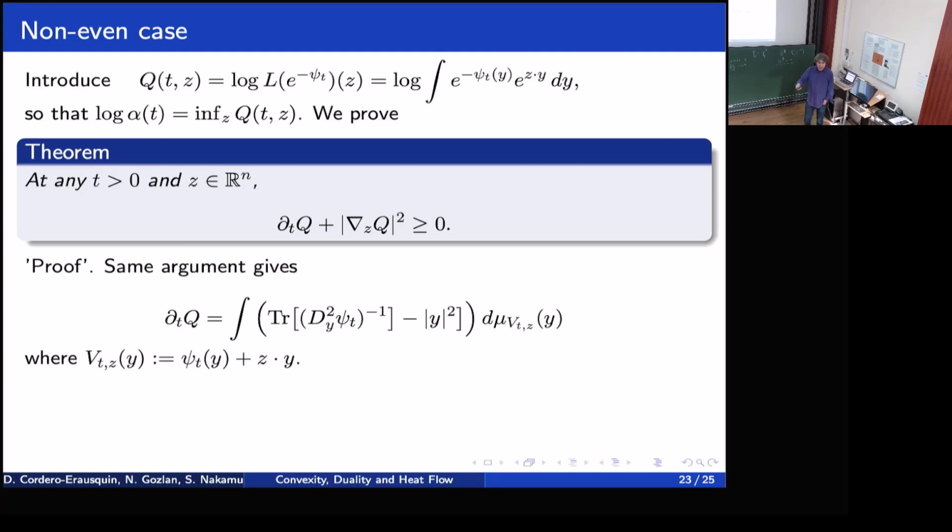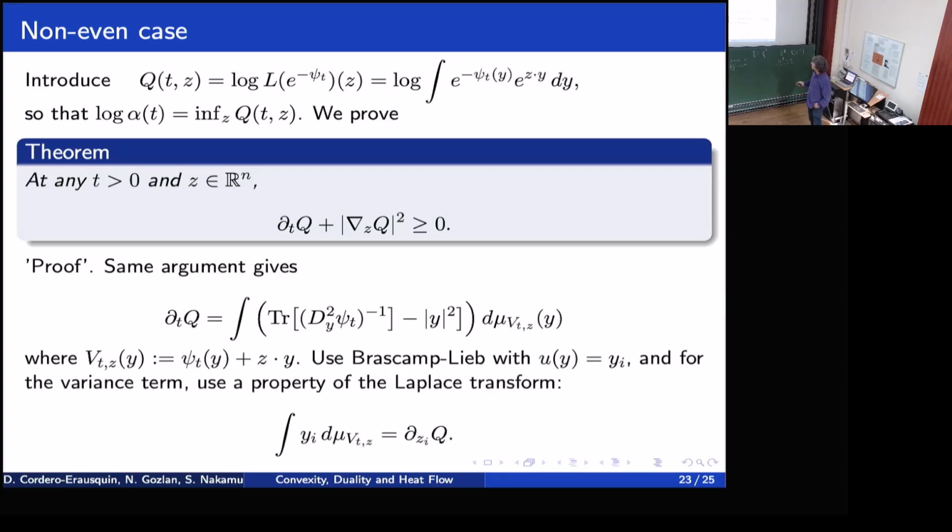So, well, I have to write variance, so I have an extra term that comes from the centering. This extra term will be the square of, when I apply to the linear function y, the square of the integral of y with respect to this measure.